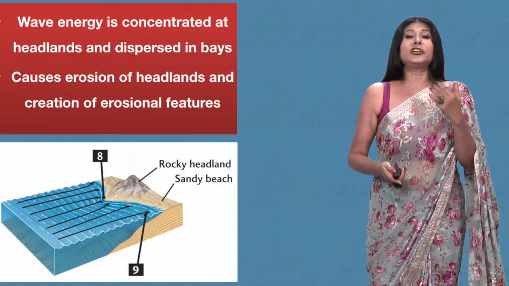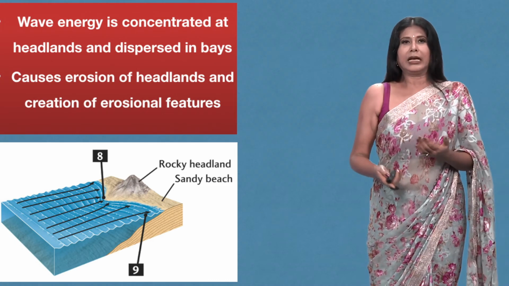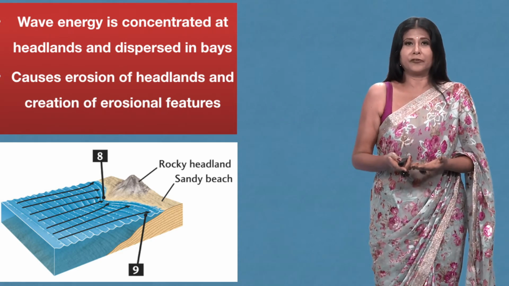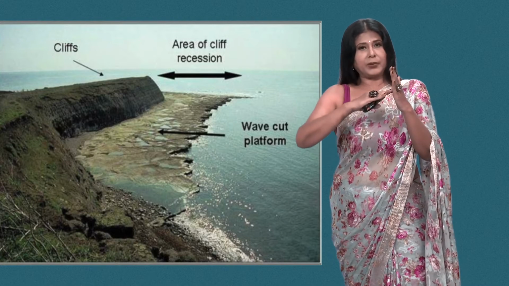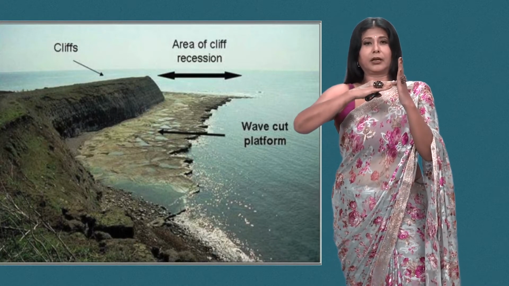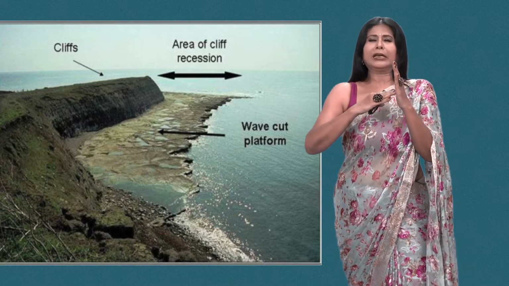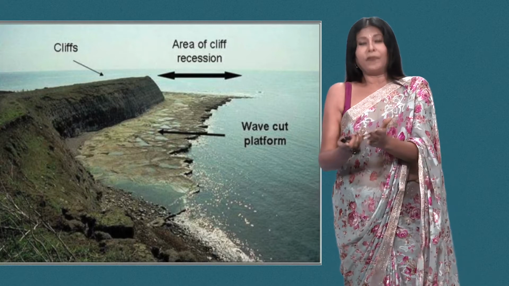So wave energy is concentrated at the headland and dispersed in the bay. It causes erosion of the headlands and creation of erosional features. So a cliff sometimes can be directly immersed, coming up from the water, but in many situations there is a platform before that.